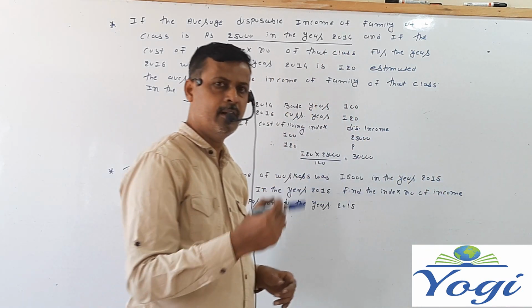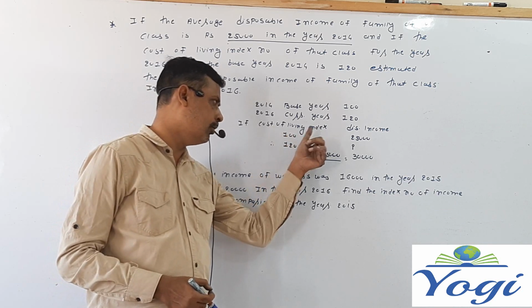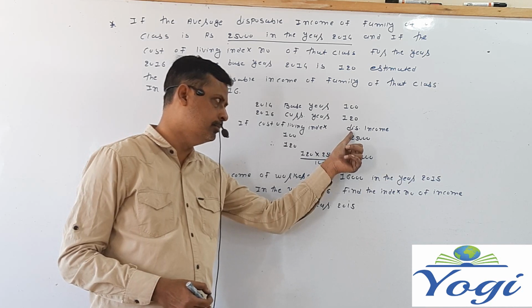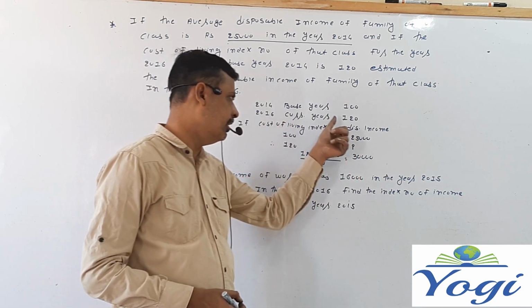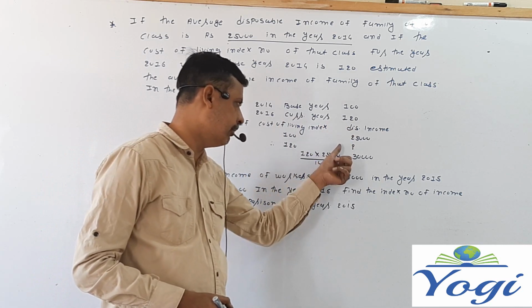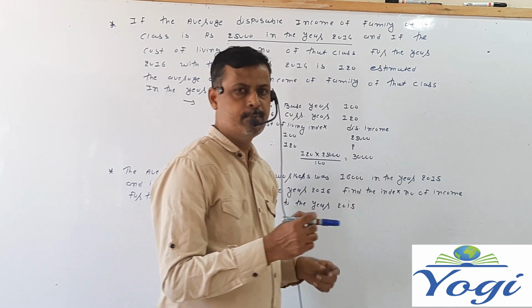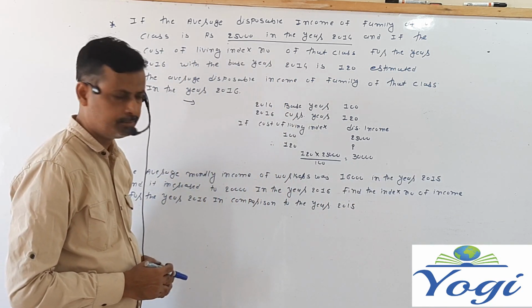So here we apply one condition. If cost of living index for the year 2014 is 100, at that time disposable income was 25,000. So now in 2016 index 120, question mark. So in the year 2016 disposable income of a family is 30,000.